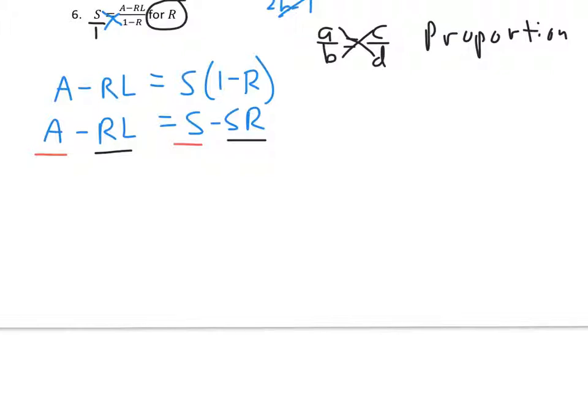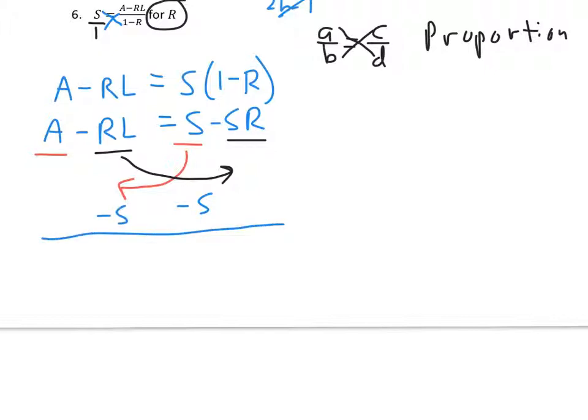So it's not in the right form right now. We have to put it into the right form. So what I'm going to do is move the S over to this side and the RL over to this one. The way we can do that is we can subtract S from both sides.